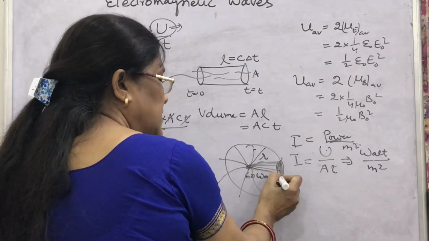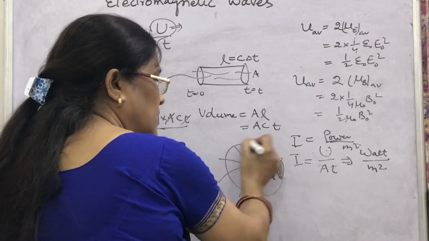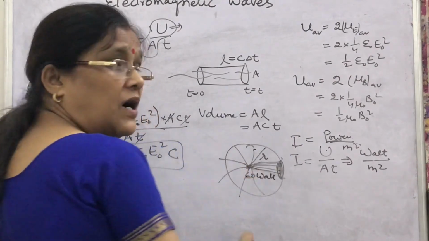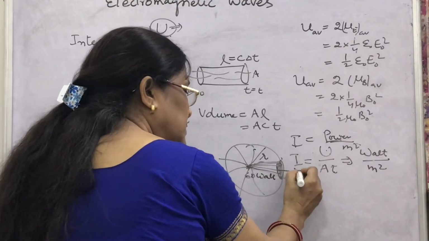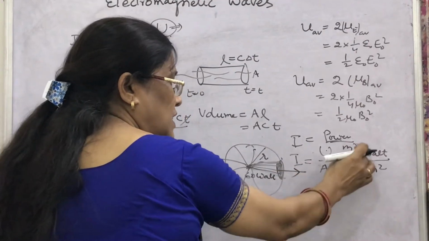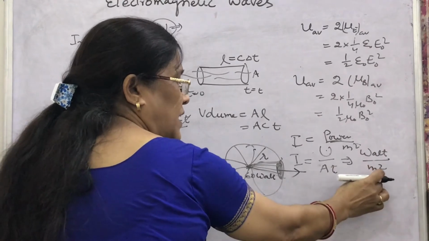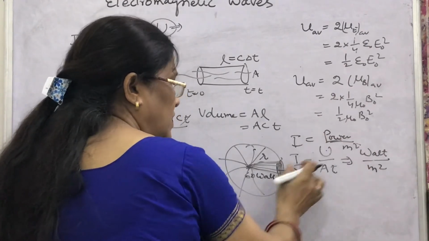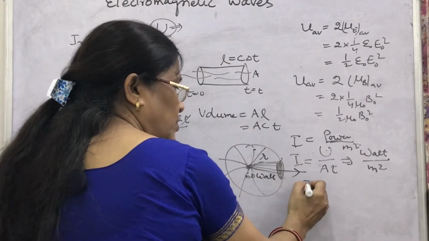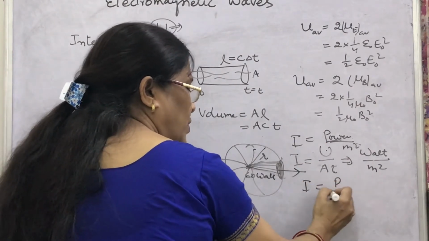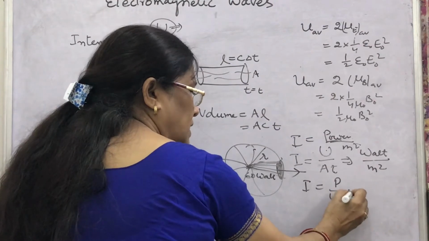Now if you consider that this area will be 4 pi r square, then what will be the intensity which is passing through this area? You will write here P upon 4 pi r square. The power of the bulb is given as 60 watts, so you will put 60 watt. I will be P upon 4 pi r square.